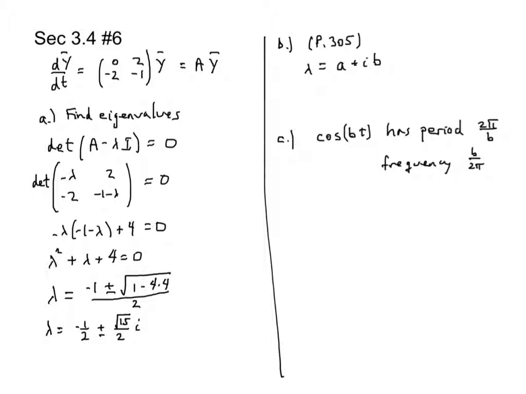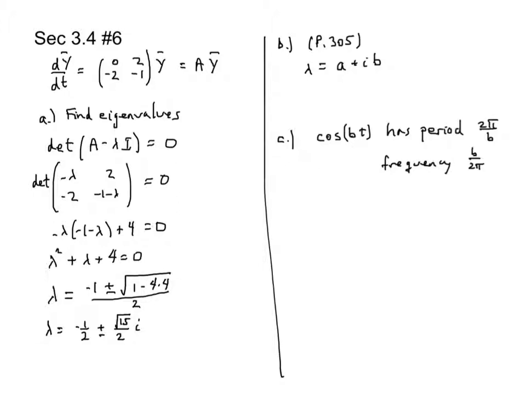So the next question asks you if it's a spiral source, spiral sink, or a center. And if you look on page 305 of the text, you'll see, as I did in class, that these decisions about whether we're moving in or out have to do with the real part.